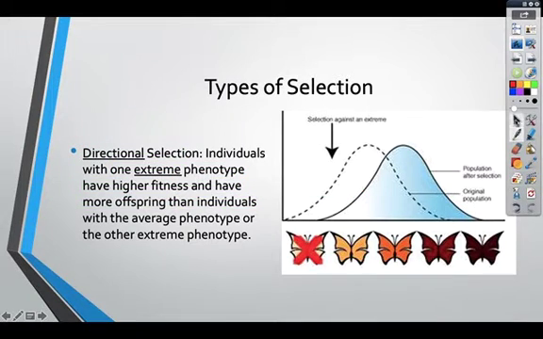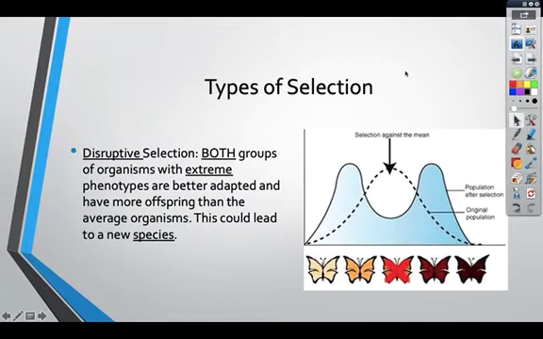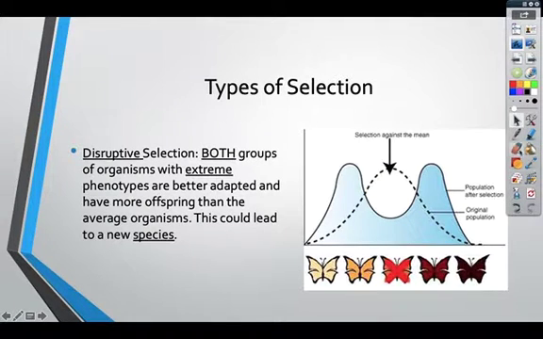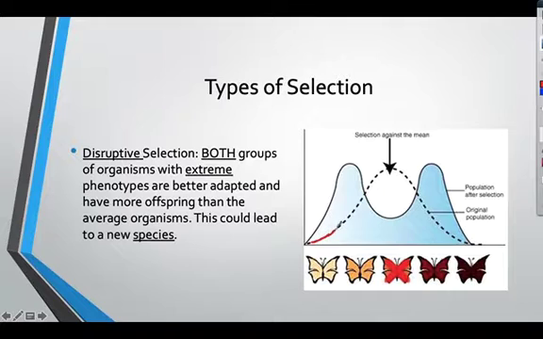Okay, and then the last type of natural selection is disruptive. Okay, and you can see here on the graph, that kind of looks like a disruptive graph. Here you've got the dotted line showing the population before selection, and then here, what we're seeing in the blue, that is after selection.